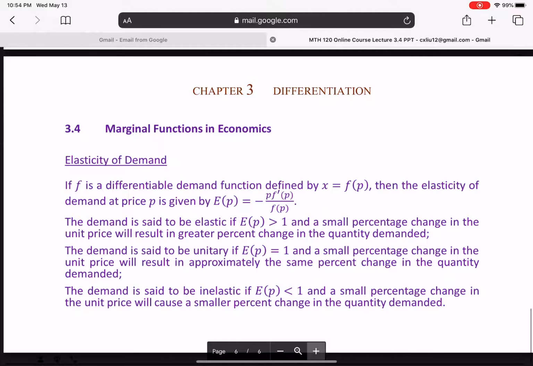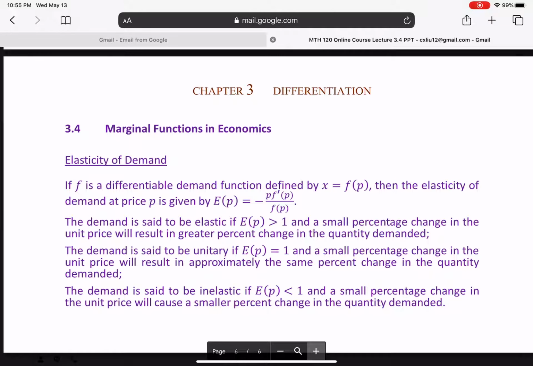All right, there is an important concept in economics called elasticity of demand. So suppose you want to know the effect of change of price on the demand. Okay, so you want to raise the price of the commodity, but you don't want the sales to drop too quickly. And then you can use the elasticity of demand to measure this property.